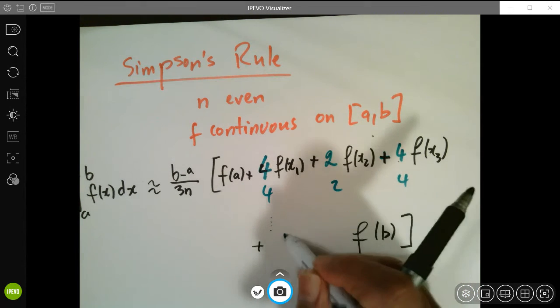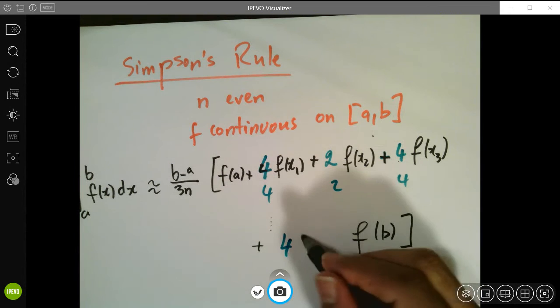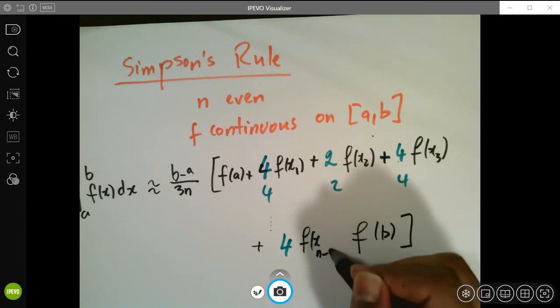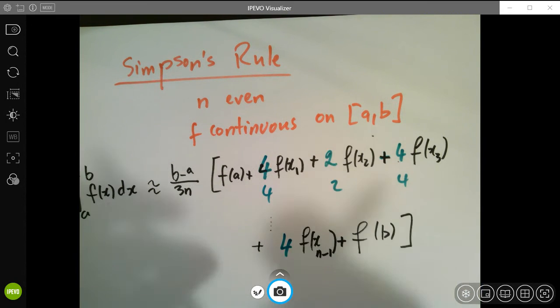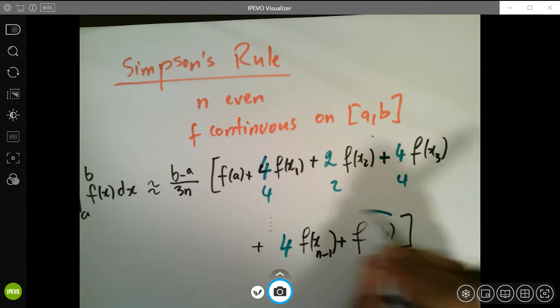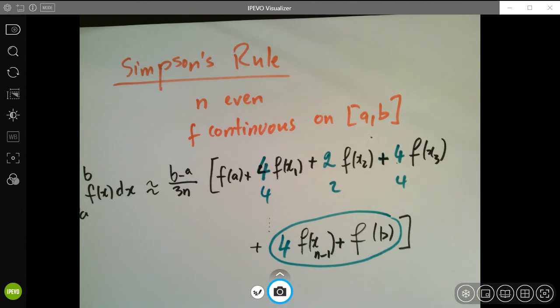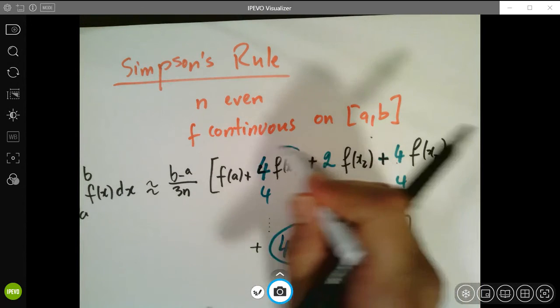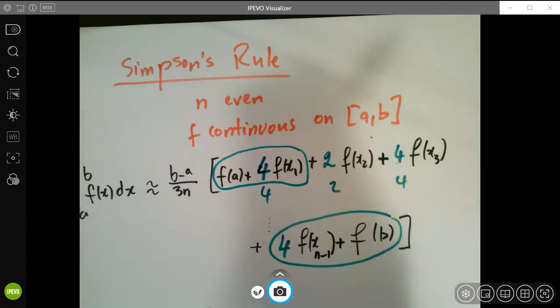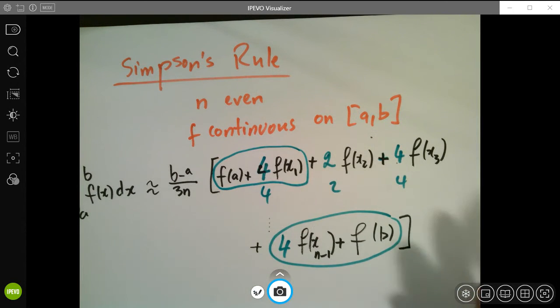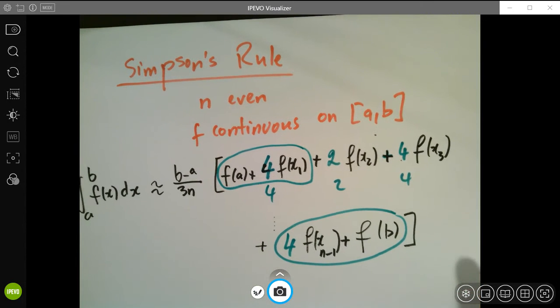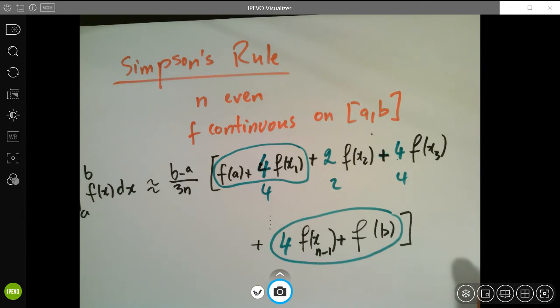And before it is 4 f of x_{n-1}. You have to be careful here. You must start with this one and end up with this one. Okay, the pattern that repeats is 4, 2, 4.